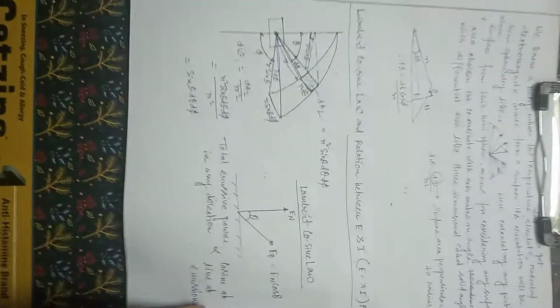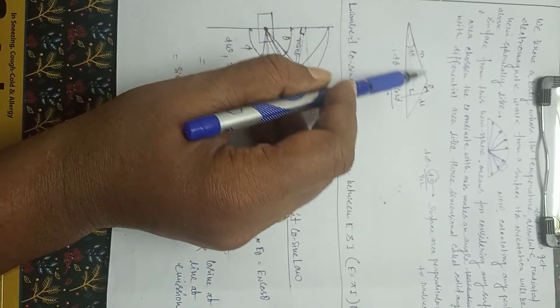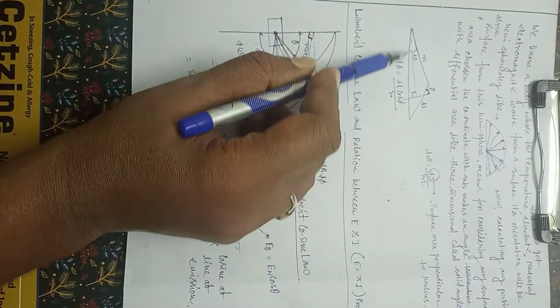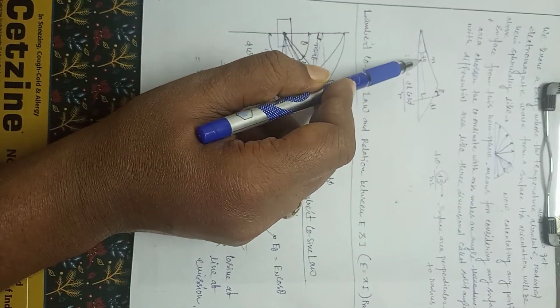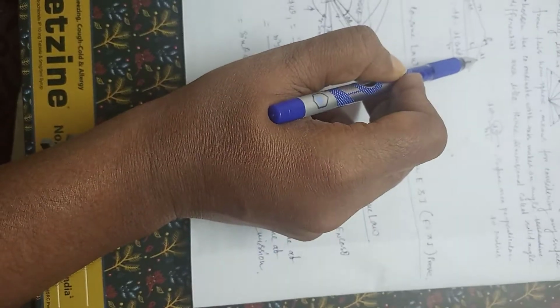Now if this is the shape, if this is the r, this is d theta and this is dl.